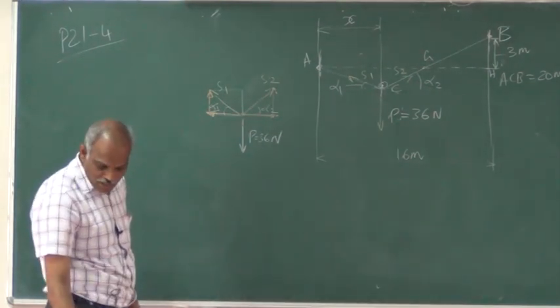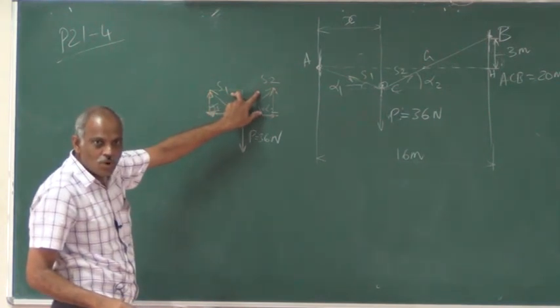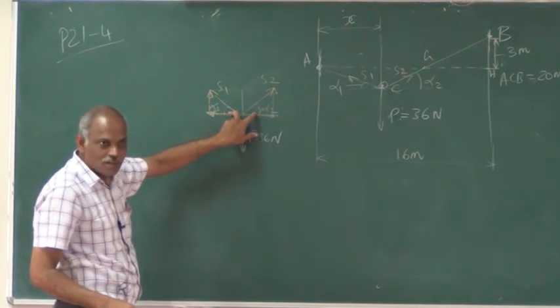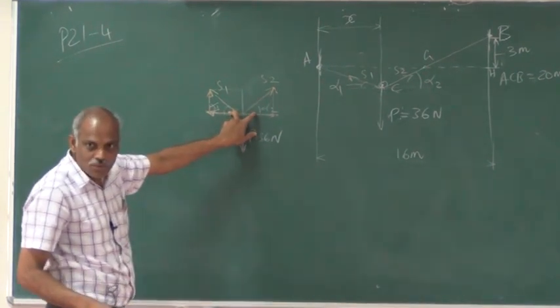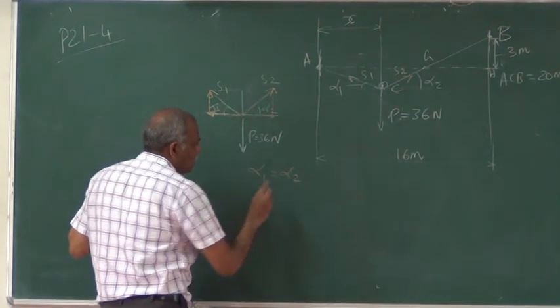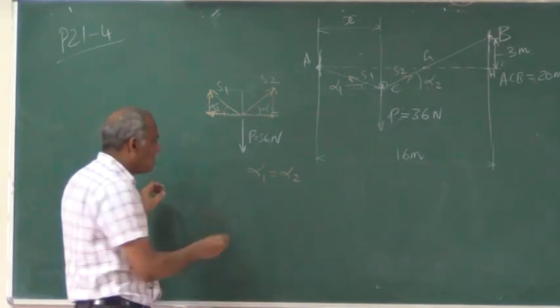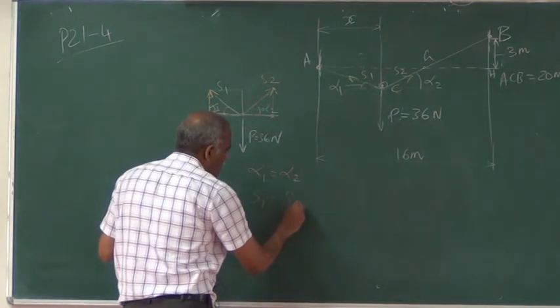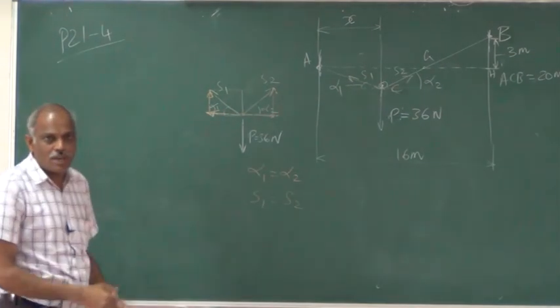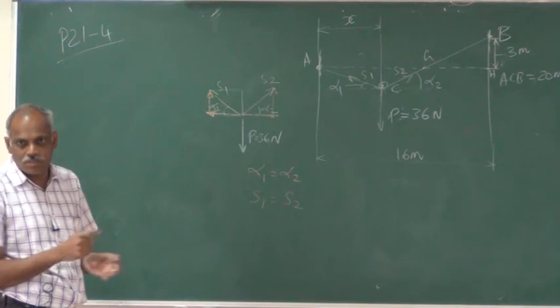So the only possibility is that the tensions in the two ropes S1 and S2 must be the same and alpha 1 must be equal to alpha 2. Then only their horizontal components will balance each other.